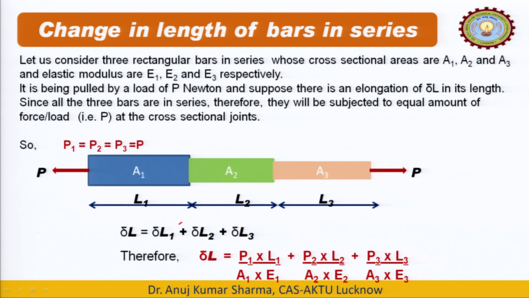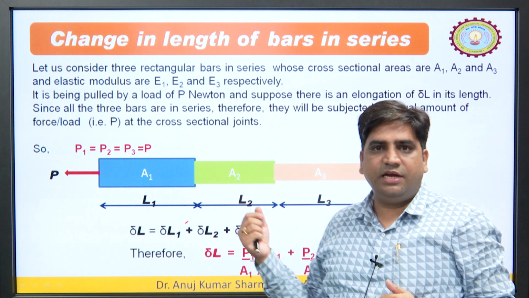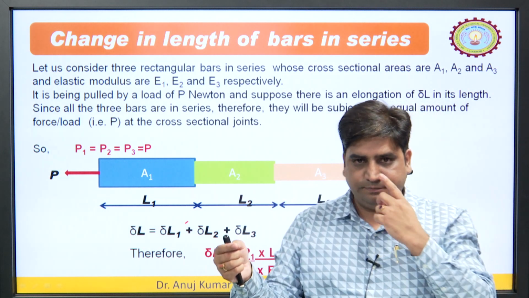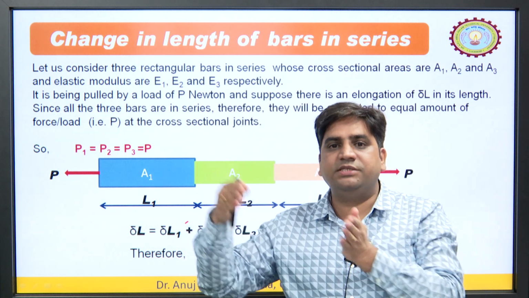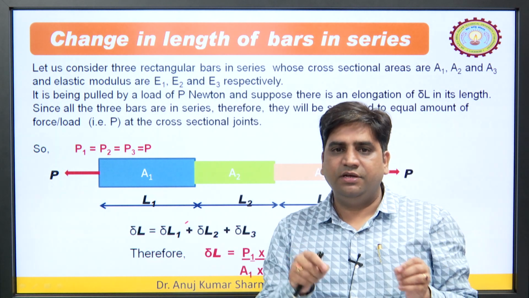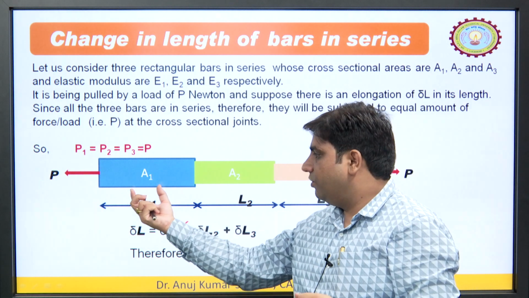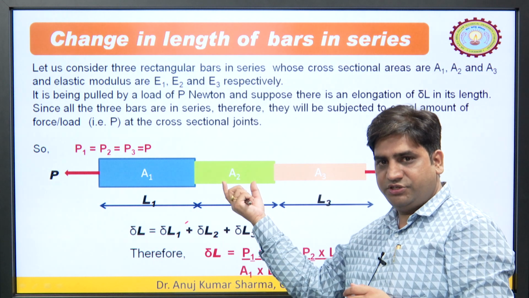Its length is L1 plus L2 plus L3. After stretching it may become L1 plus L2 plus L3 plus something. That something may be L1 plus delta L1, L2 plus delta L2, each increasing by some additional length.